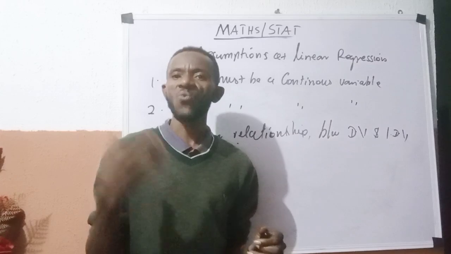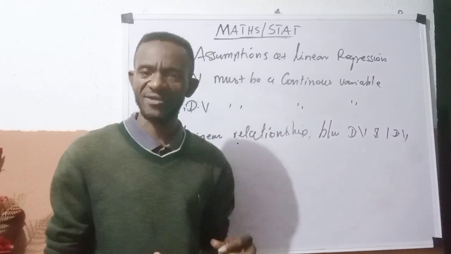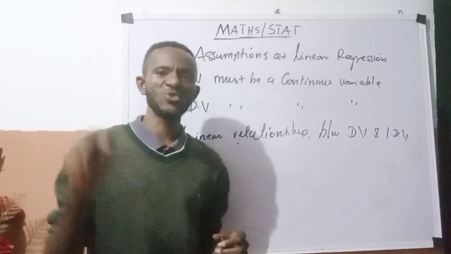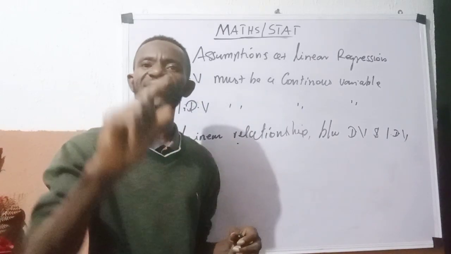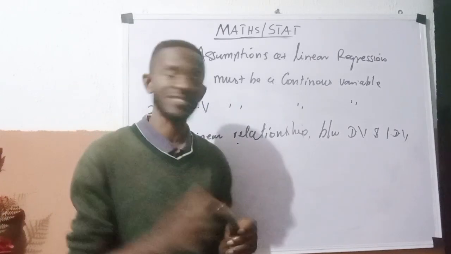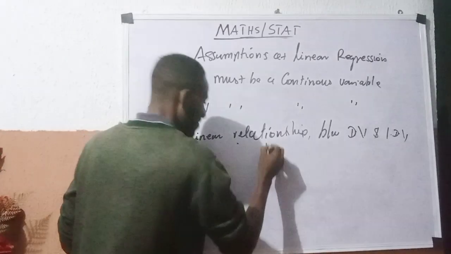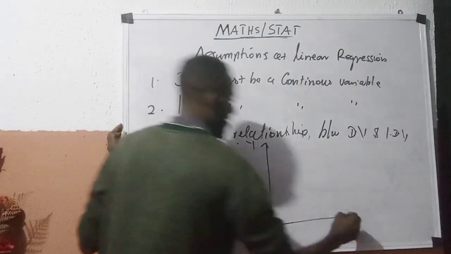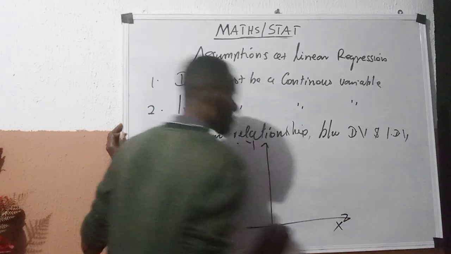The question is, what do we mean by residual? Residual is the vertical distance between a data point and the regression line. For instance, when I have this to be y, I have this to be x.